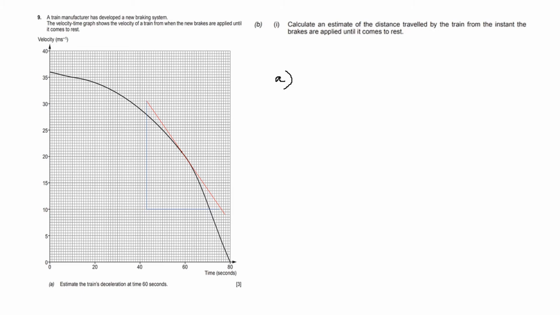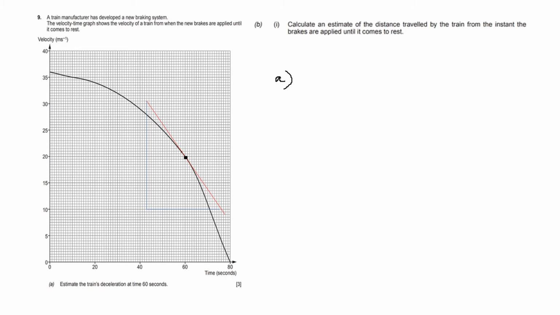Because we've got a curve, we want to know the deceleration at 60 seconds, which is here. So what I've done in red is I've drawn a tangent to the curve, and I'm going to find the gradient of that tangent. So the gradient is the change in y over the change in x.